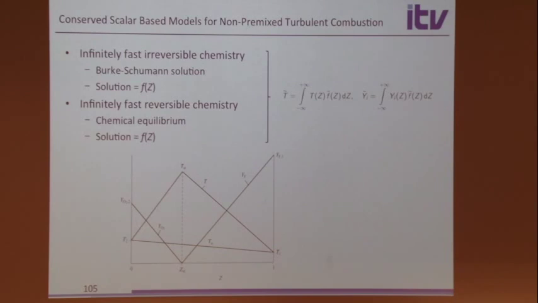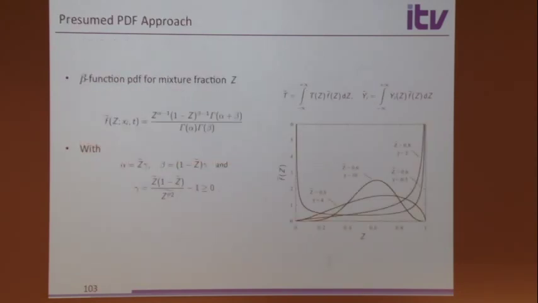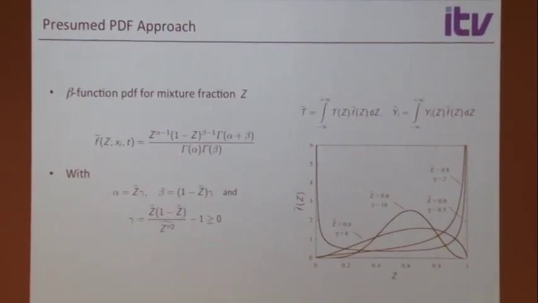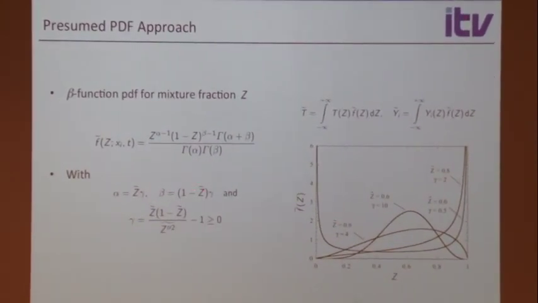Why? Because this evaluation of these gamma functions and the beta function is actually quite expensive. So if you look back at what this beta function is, it is a function that depends on two parameters, the mean and the variance. Okay? So let's say you evaluate this.